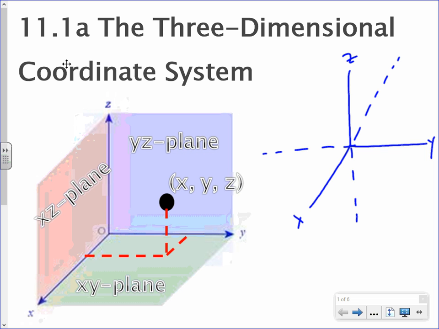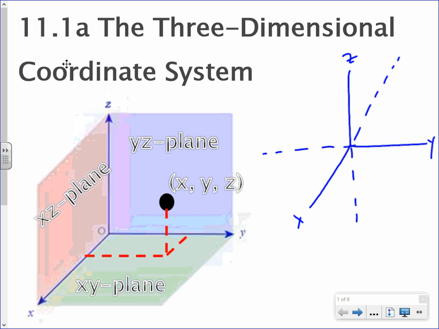So let's talk about a couple of things. We have 3 axes, x-axis, y-axis, z-axis, okay? Which means we have 3 planes separating the space into 8 octants. Okay, so what I want you to imagine right now is that this classroom is our positive octant.